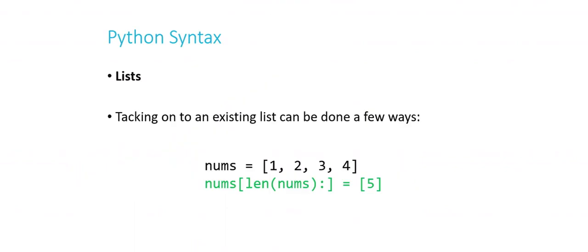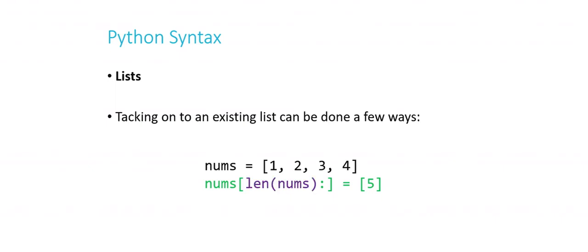There's a list there with a single element, 5, and I'm saying the nums list from position 4, which is the length of nums, forward, gets this list assigned to it. So if I had put 5, 6 there, after this would execute, I would end up with nums equals 1, 2, 3, 4, 5, 6. So this is how I can perhaps attach one list to the end of another list as opposed to attaching one element to the end of a list.